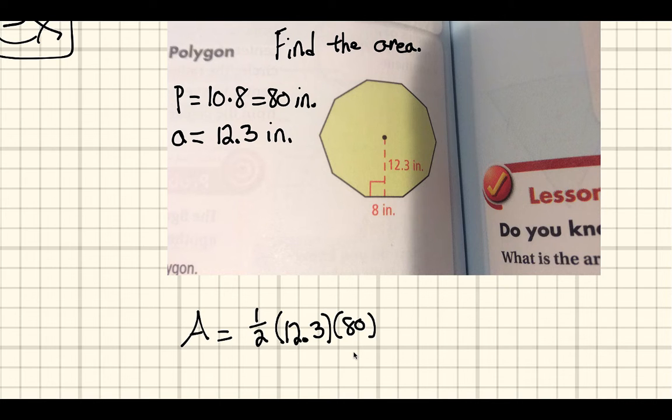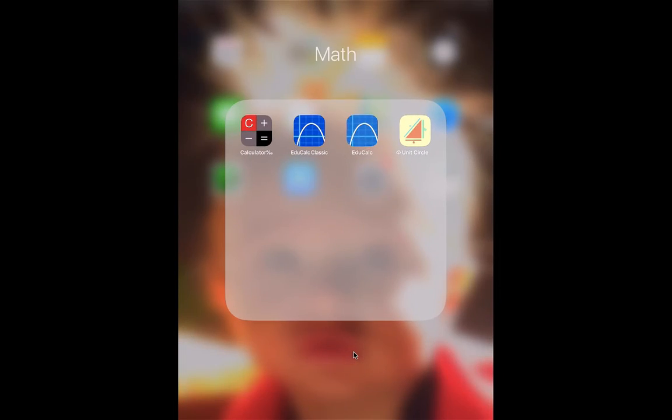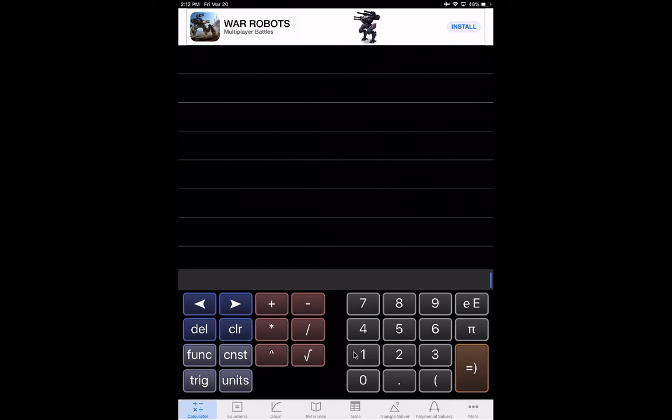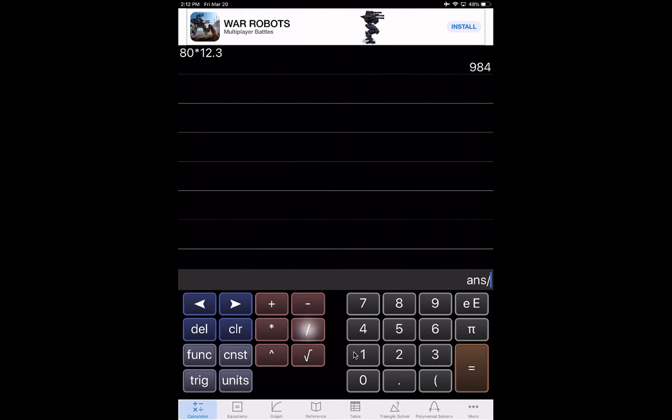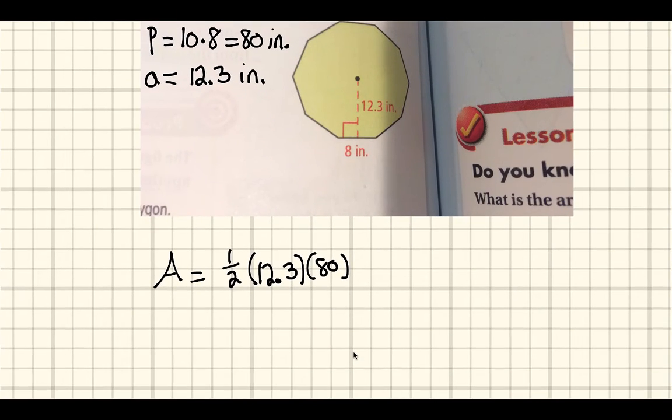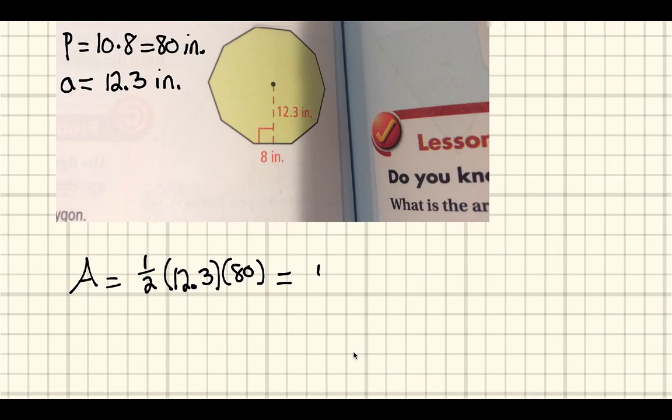Let's go over to our calculator and multiply those out. We have 80 times 12.3, divided by 2, and I have 492, which should have been in inches squared. So 492 inches squared. And that's about as easy as these ones are going to get.